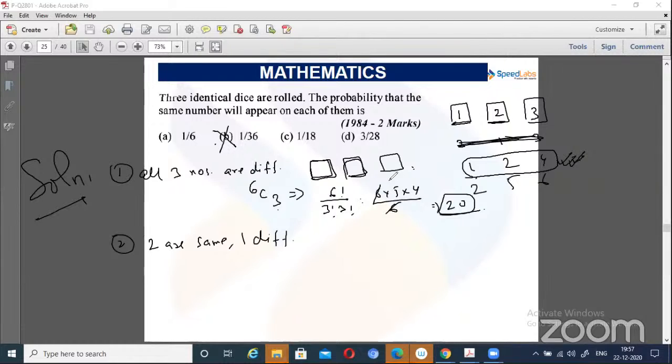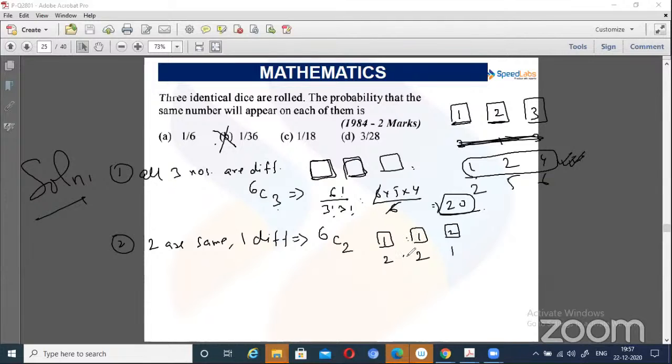Second case is 2 are same and 1 is different. So it will be like 1, 1, 2, 2, 2, 3, 3, 3, 4, 5, 5, 6, these kind of numbers. So how many ways are possible? First, we'll have to choose two numbers from the 6 numbers. Let's say I chose 1 and 2. Now 1 and 2 can be arranged in two ways: 1, 1, 2 or 2, 2, 1.